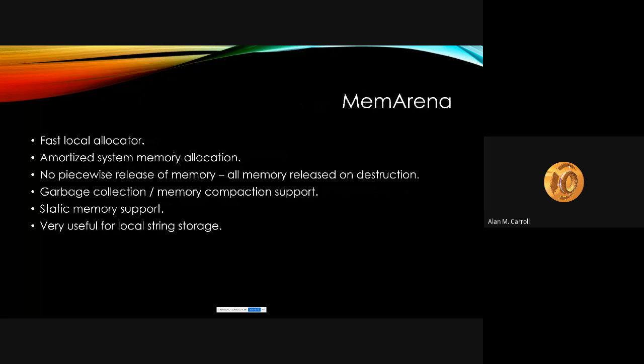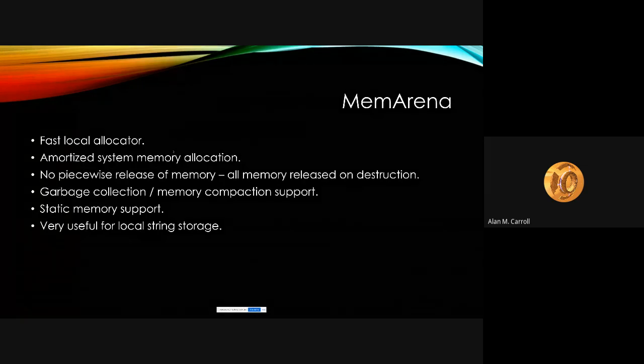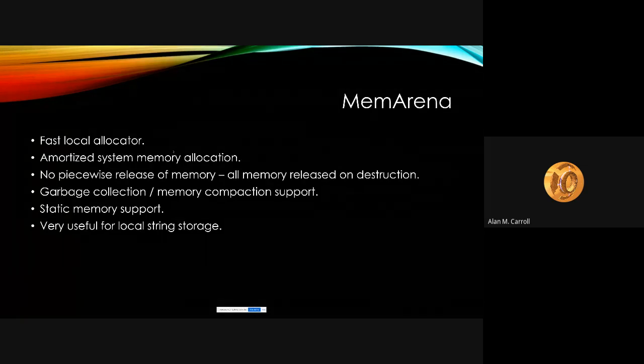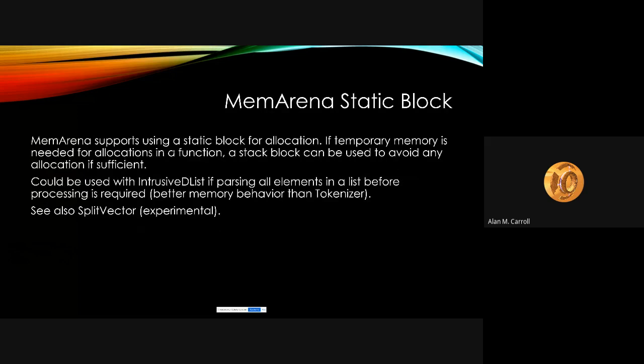So yeah, look at using Memorina. It's kind of a replacement for arena.h, but it's just so enormously better than that. You should use it. It actually has static memory support, so you can give it a static block that comes from anywhere, and it will use it, but not deallocate it when it's instructed. So this means you can use some stacked memory, and if that's big enough, you can avoid allocation entirely, even though you're using Memorina.